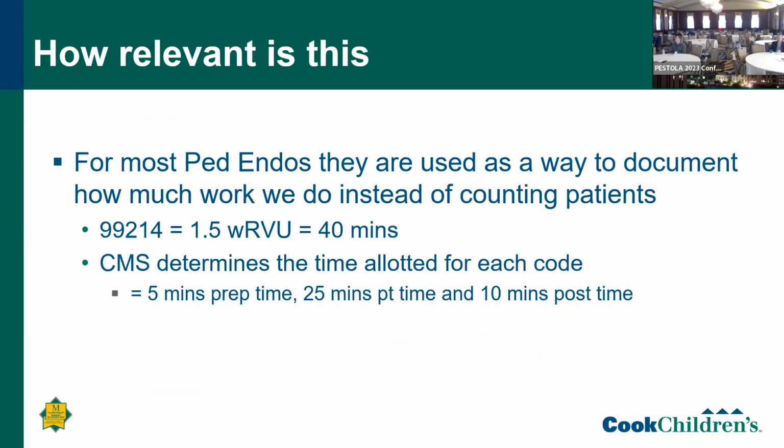Another thing that's very interesting about RVUs is what they tell us about what people think we do. For most people who are pediatric endocrinologists working in academic institutions, we use RVUs as a way to document how much work we do instead of counting patients. So for example, we did 38,000 encounters last year at Cook Children's between inpatient and outpatient, and that was 68,000 RVUs.